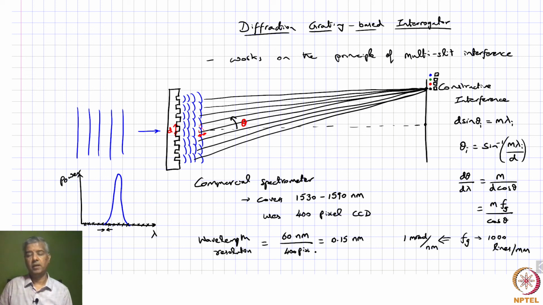pixels. So, what we are talking about is this spacing is 0.15 nanometer. So, what it means is when you are trying to pick up this grating, you have all these pixels that are about 0.15 nanometer away.